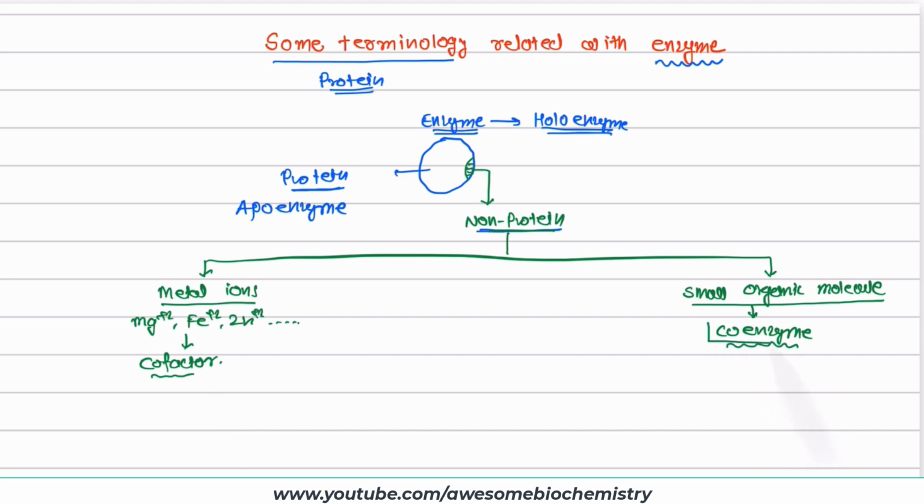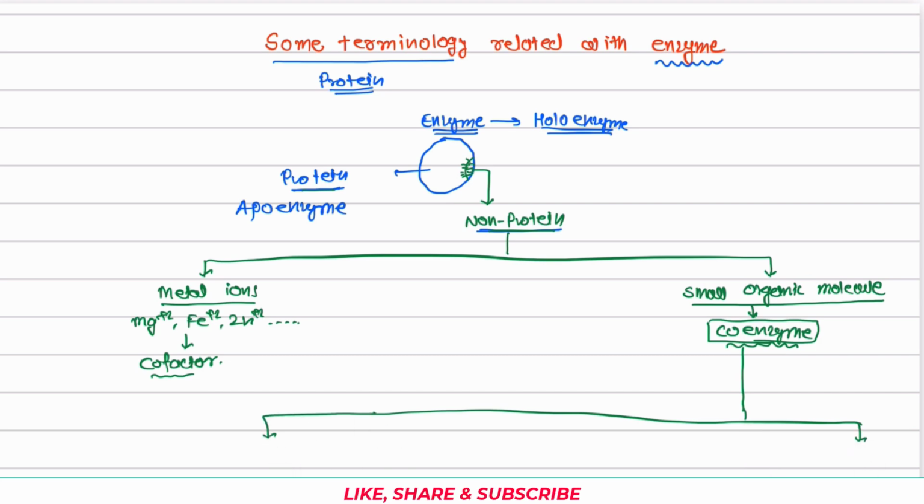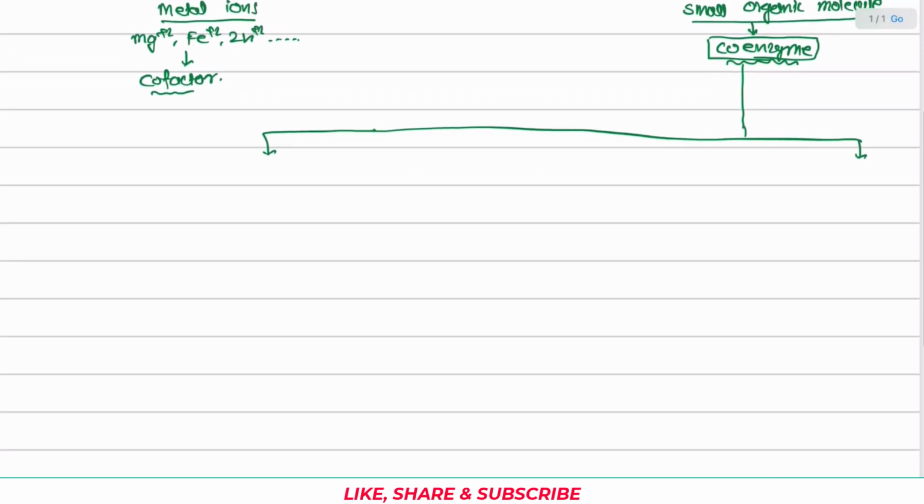Now this coenzyme, depending on how it interacts with the protein part, is further divided into two parts. The first is if there is only a transient association, or we can say it is transiently associated with the apoenzyme, then it is called a co-substrate.